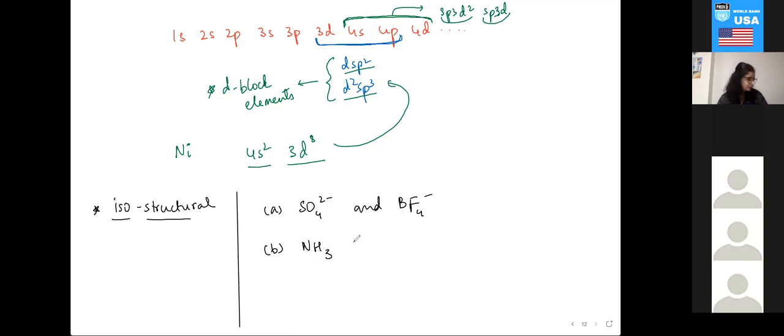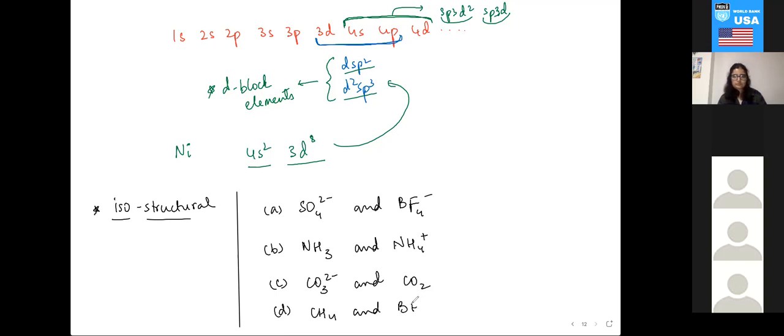We'll do the structures and then we'll do it. Okay, so send me the option number of the pair that you think is isostructural. Isostructural in the sense has the same structure.